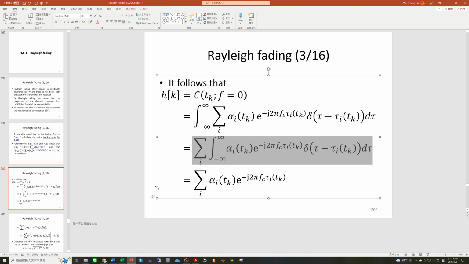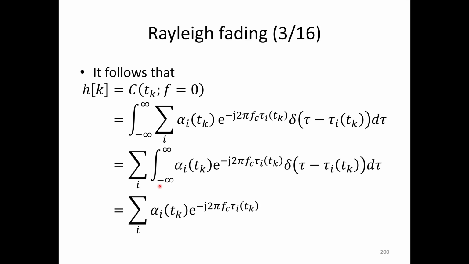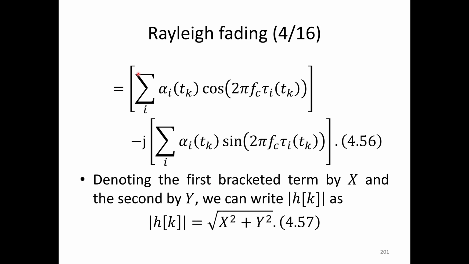And this equation can be split into two terms. The first term is equal to the summation over i of alpha_i of t_k cosine 2 pi f_c tau_i of t_k, and the second term is minus j times the summation over i of alpha_i of t_k sine 2 pi f_c tau_i of t_k.